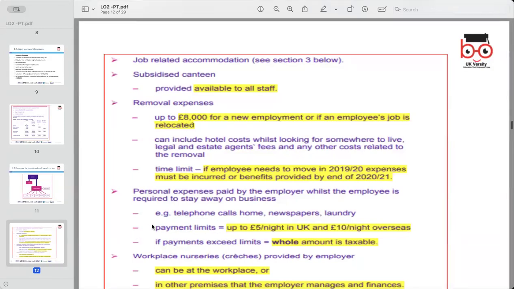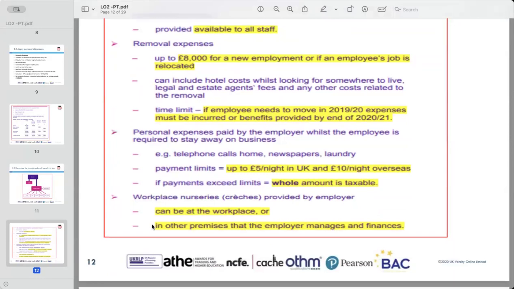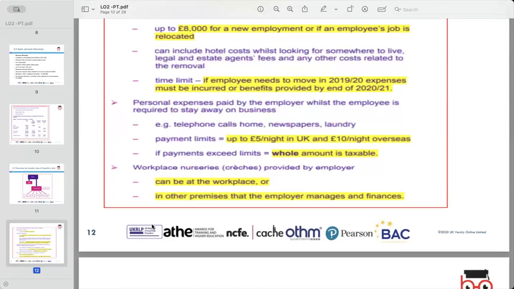Then the last one is a workplace nursery, basically facilities provided by employers to accommodate the child care needs of their employees. These nurseries can be located either at the workplace or in other premises managed and financed by the employer.